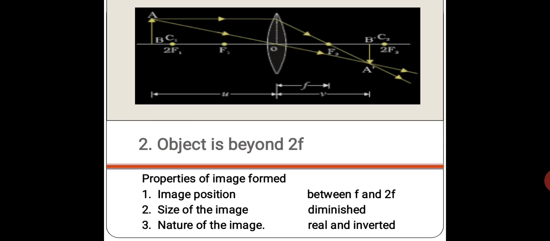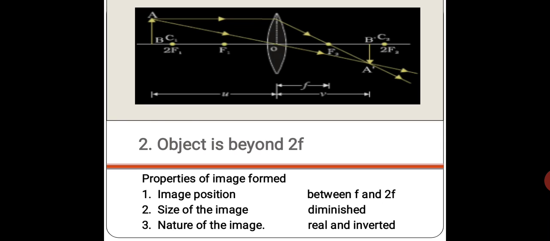Now we have to consider two rays from the object. One ray parallel to the principal axis passes through the focus. The next ray passing through the optical center passes without any deviation. These two refracted rays meet at a point on the other side of the lens which is beyond f.